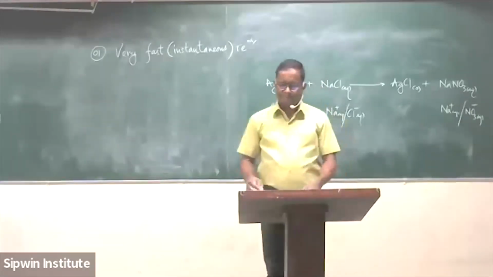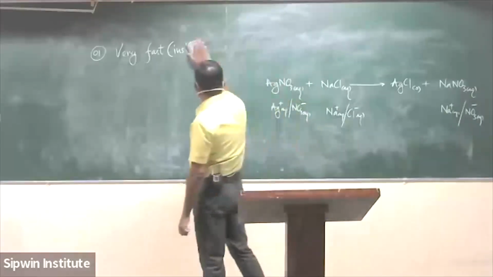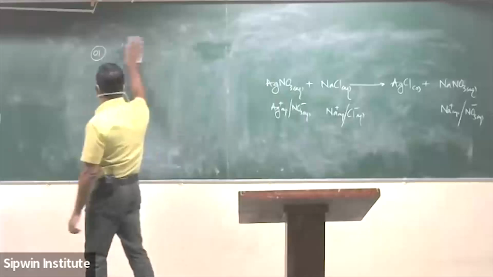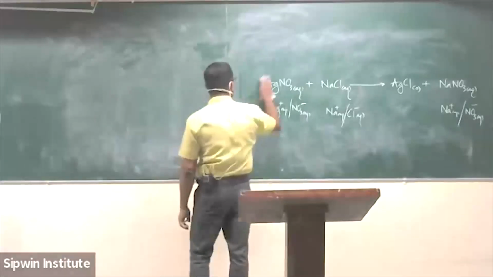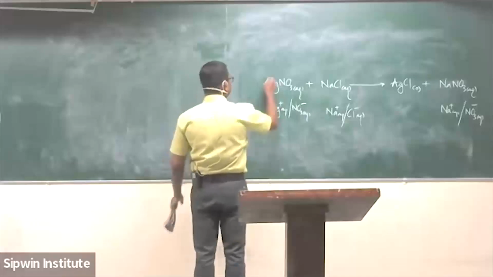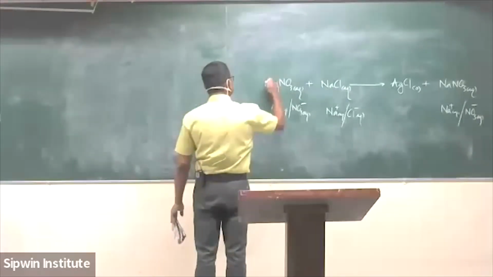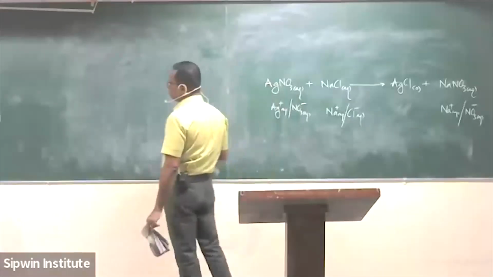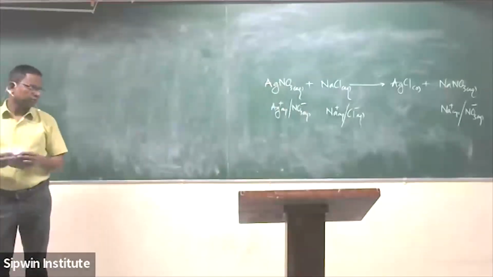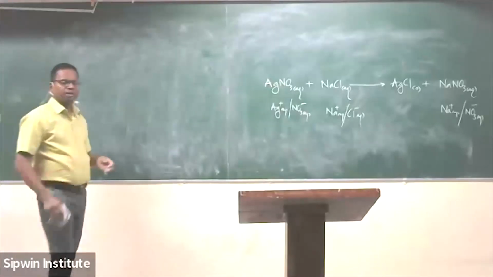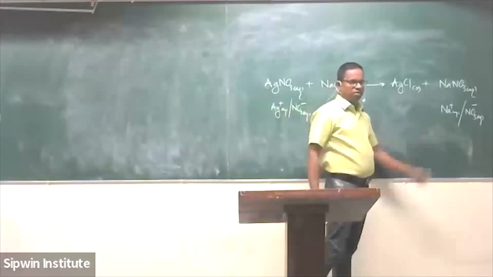Examples. Formation of a precipitate of silver chloride. Take this down: silver nitrate, sodium chloride, and below that also write it in ionic form.